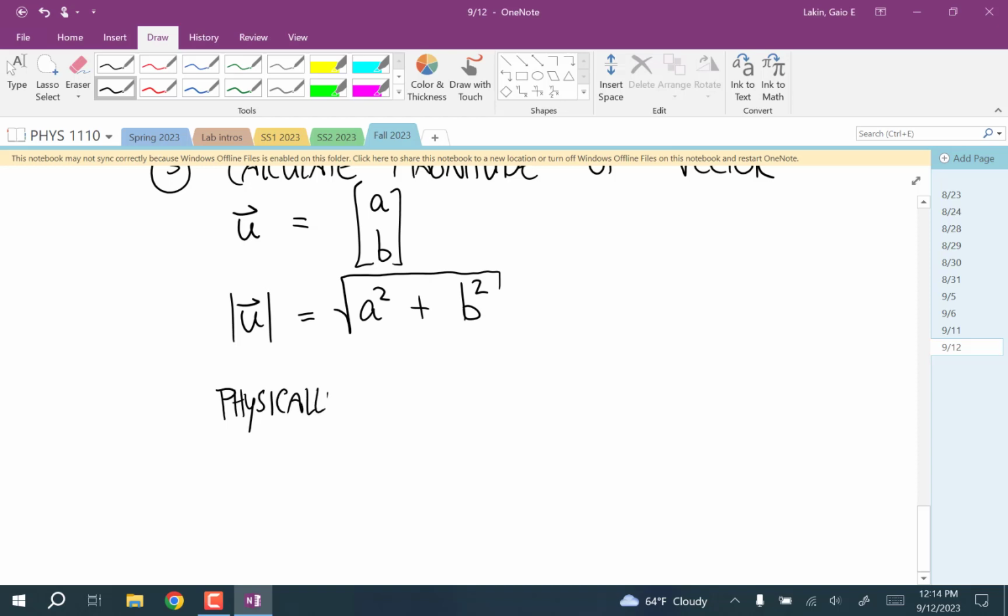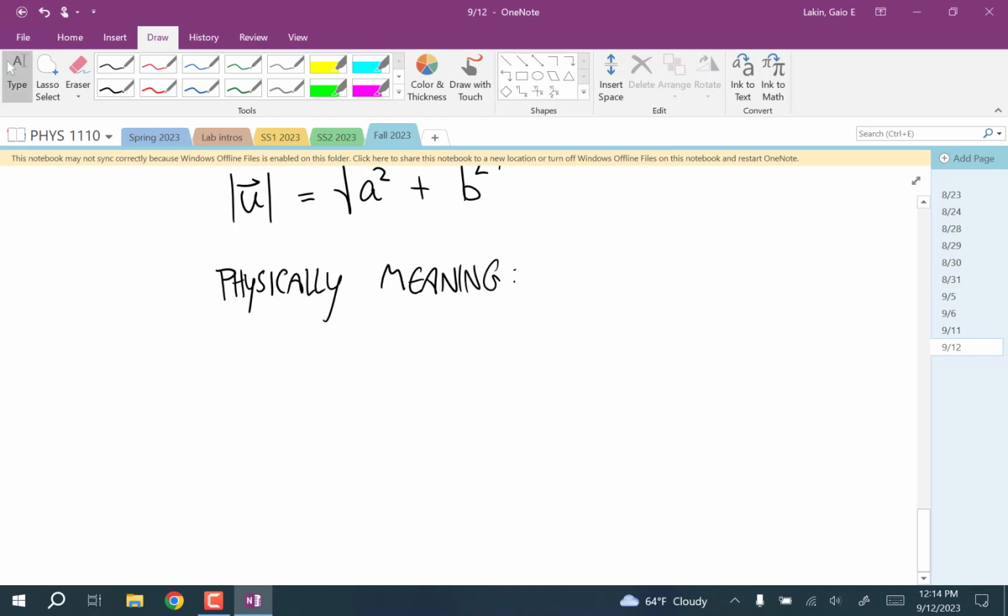And if you think about the physical meaning of calculating the magnitude this way, remember the meaning of the components. If we have a coordinate system like this, and we have a vector like this, this is the x component, and this is the y component.